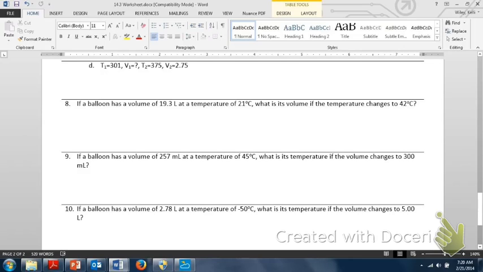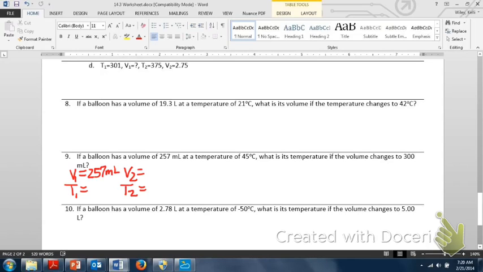On this one, again, you're using your Charles Law. So V1, T1, then you've got V2, T2. So there's all your numbers, right? They give you a volume of 257, so 257 goes there.